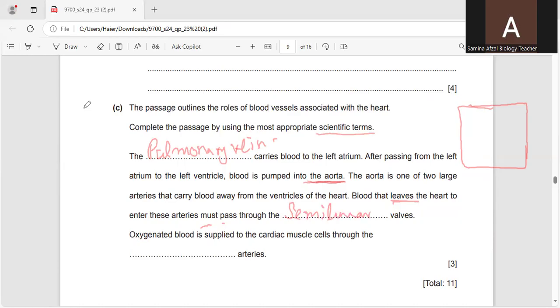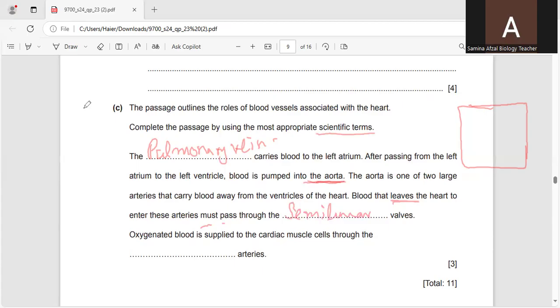And students, two semilunar valves are there. When blood is moving towards the lungs from the right ventricle, one semilunar valve is there, due to which the backward flow of blood is not possible. And the second semilunar valve is there when the blood is sent out towards the aorta from the left ventricle.